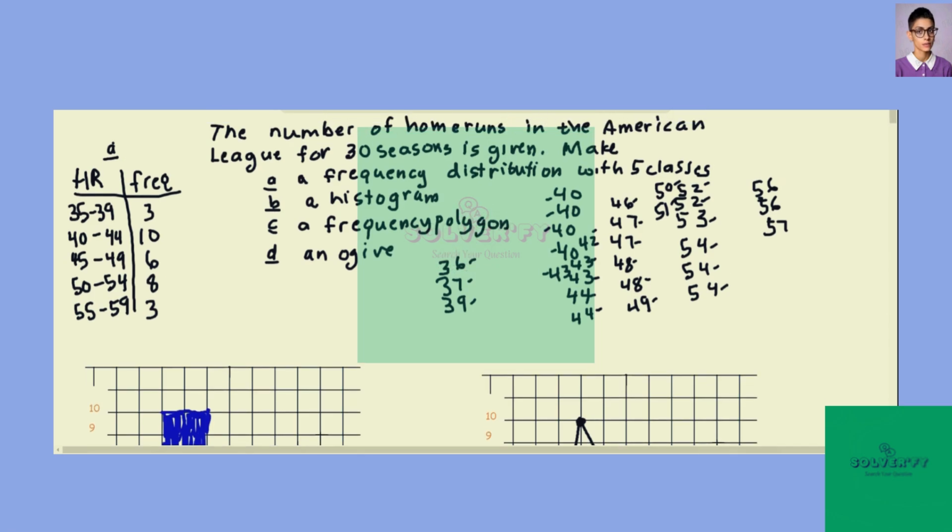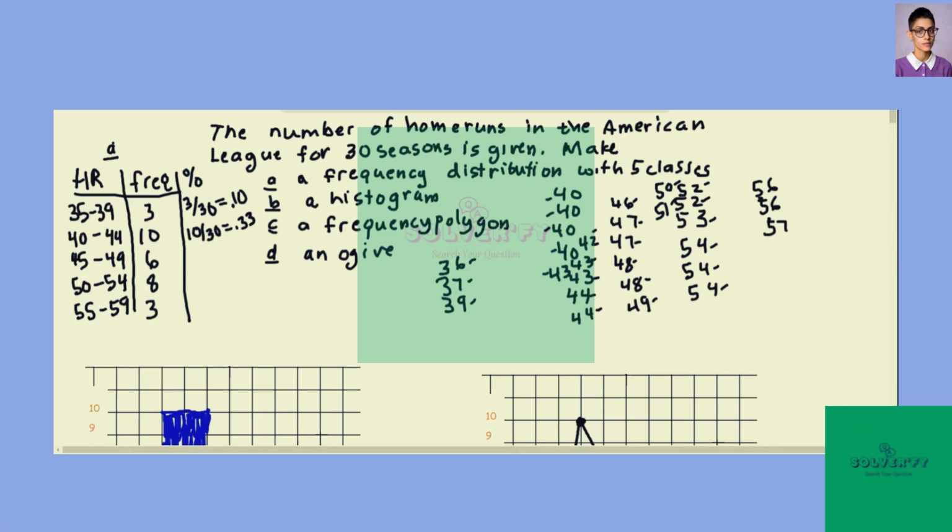Okay, to do the third one, I have to find the percents. So remember we had 30 altogether. To find the percent, you just take the number in the frequency column and divide by 30. So that's 0.10, which is 10%. This one's 0.33, which is 33%.